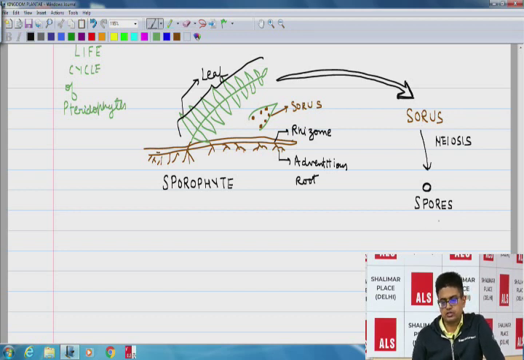These spores are produced by meiosis. So the sporophyte represents a diploid generation.